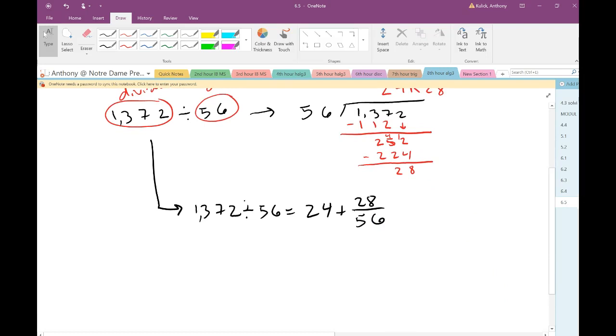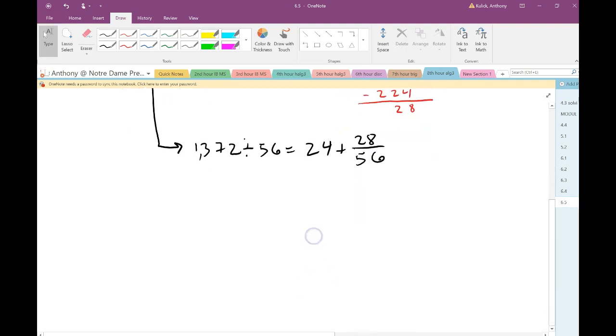Hopefully that seems a little familiar, and you recognize that procedure. The procedure for dividing two polynomials is almost identical. So let's consider the following example.